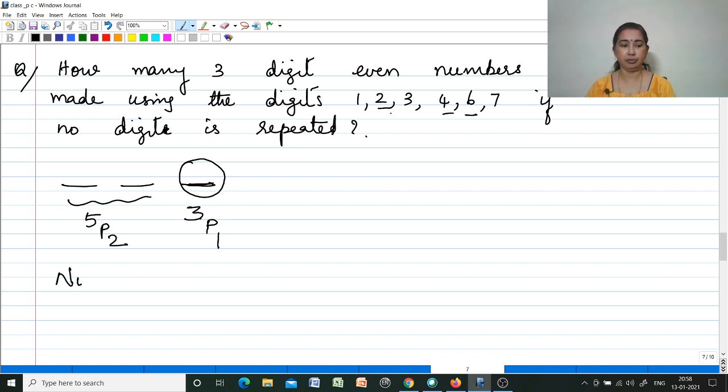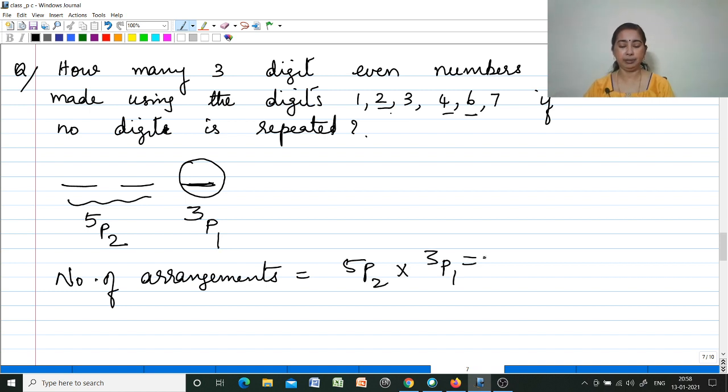So number of arrangements is equal to 5P2 into 3P1, and 5P2 is 5 factorial by (5 minus 2) factorial, that is 3 factorial, into 3. That is 5 factorial by 3 factorial into 3, which is 60. So 60 different ways.